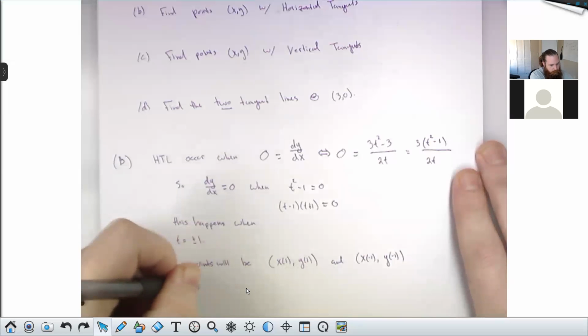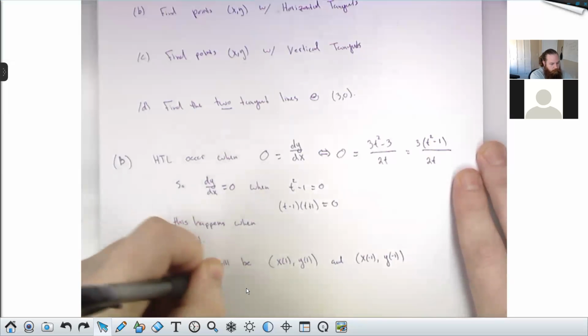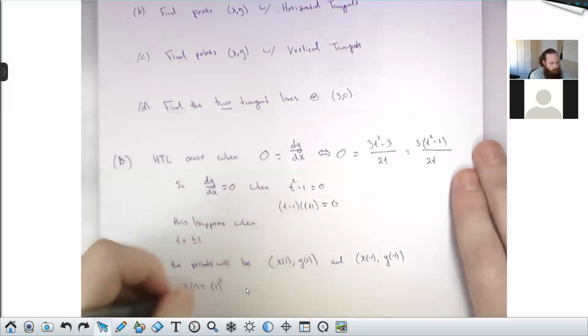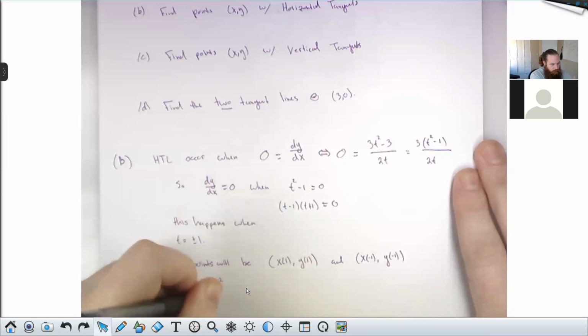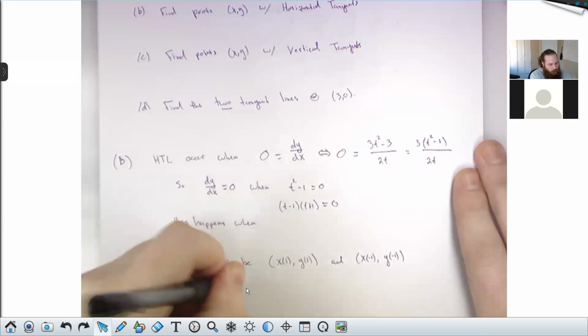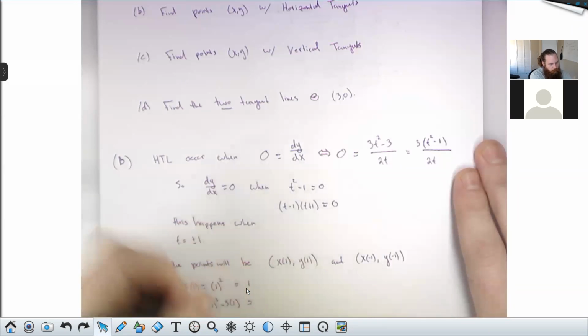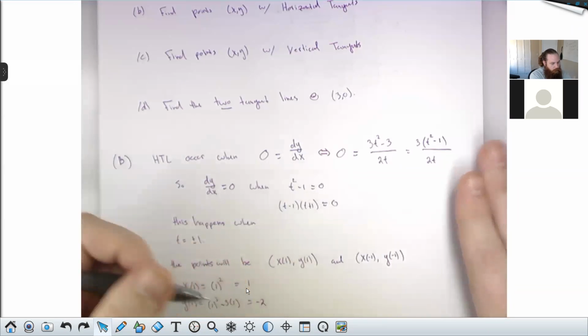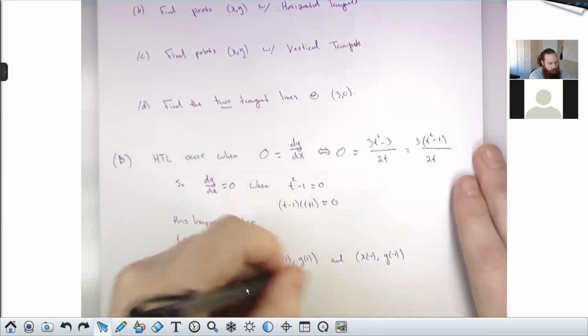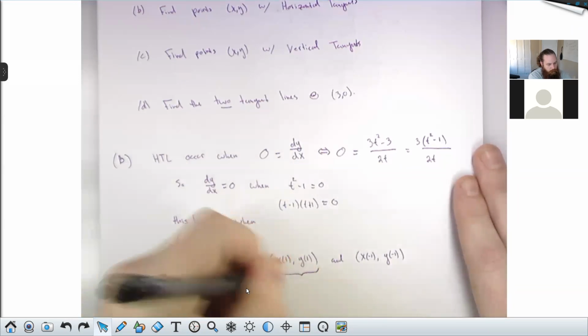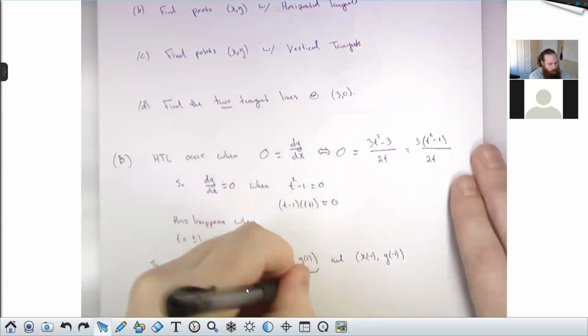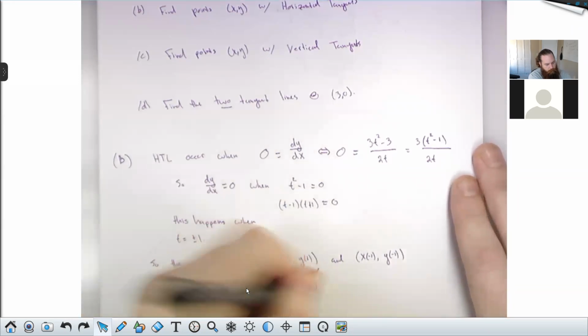X of 1 is just 1 squared, and y of 1 is 1 cubed minus 3 times 1. 1 squared is 1, and 1 cubed minus 3 times 1 is -2. So one of these points is the point 1, -2.